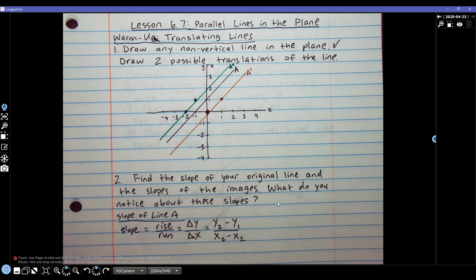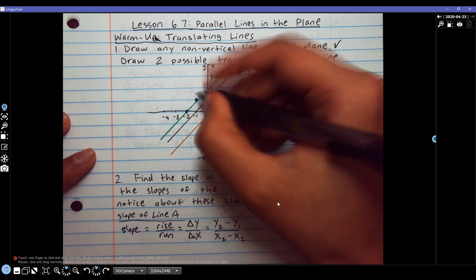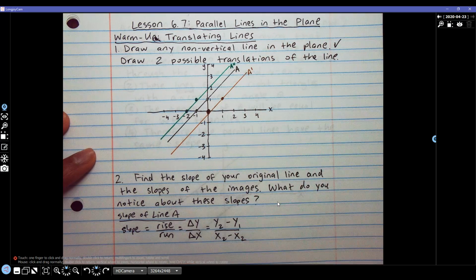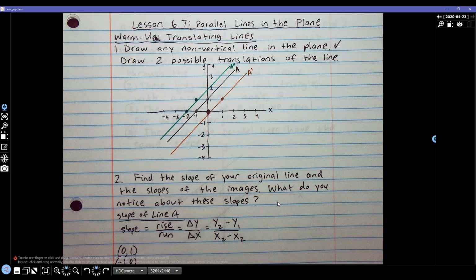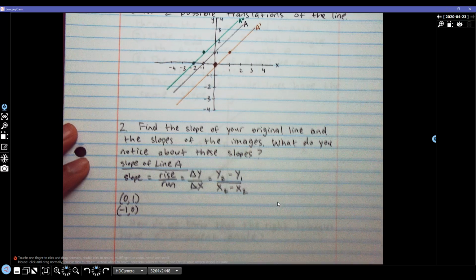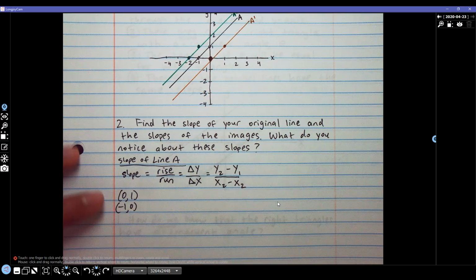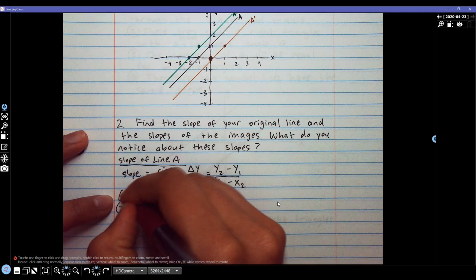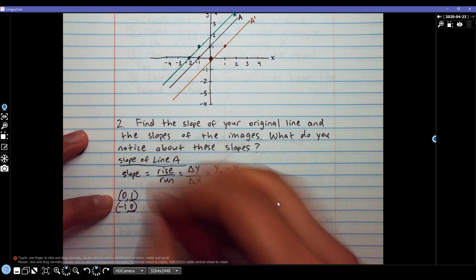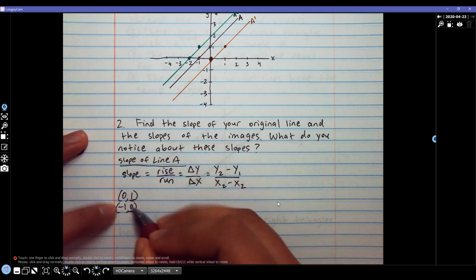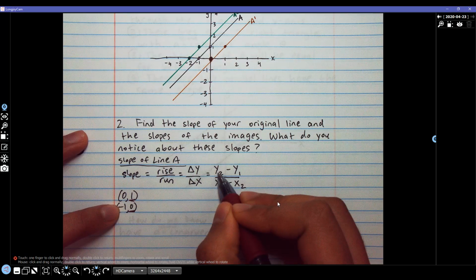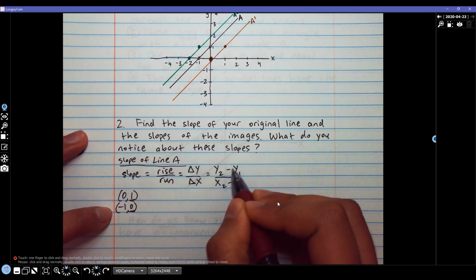So let's start with those 2 points that were given here. We've got (0, 1), and then we've also got (-1, 0). So to find our rise, we're going to be looking at our y coordinates here. So for our rise, I'm going to take the difference between my y coordinates. It doesn't really matter which one we choose to be y2, as long as we stay consistent with that for the x values as well.